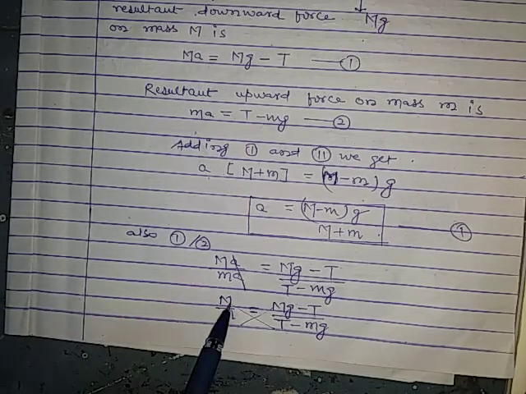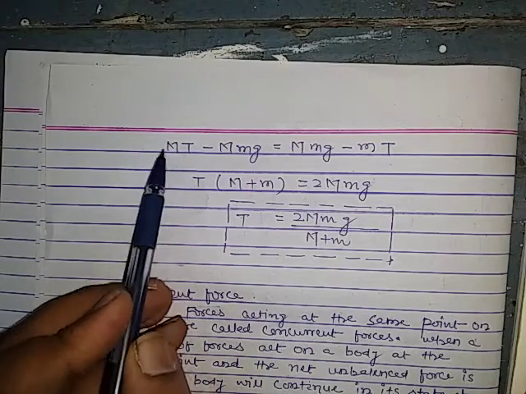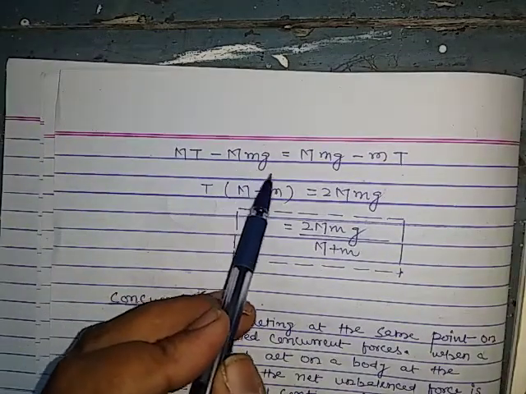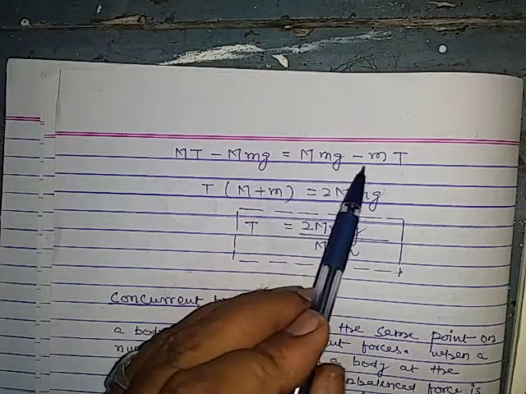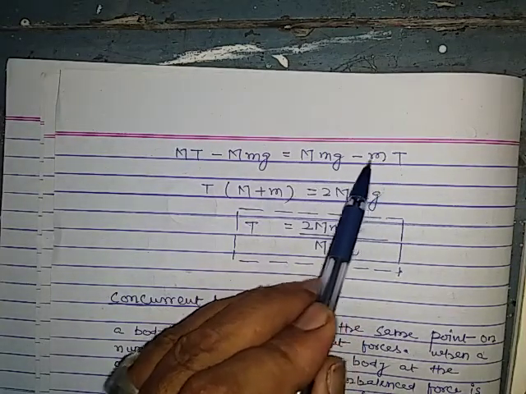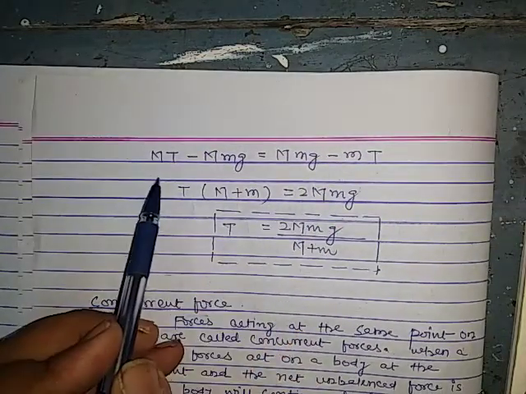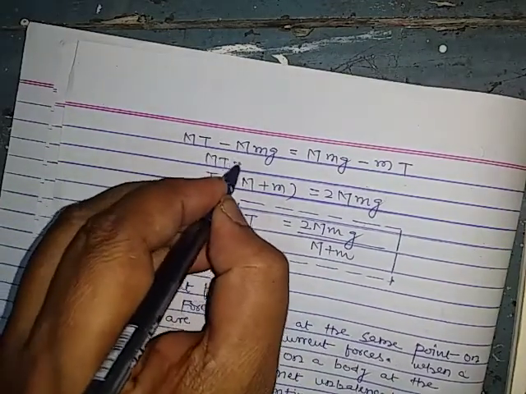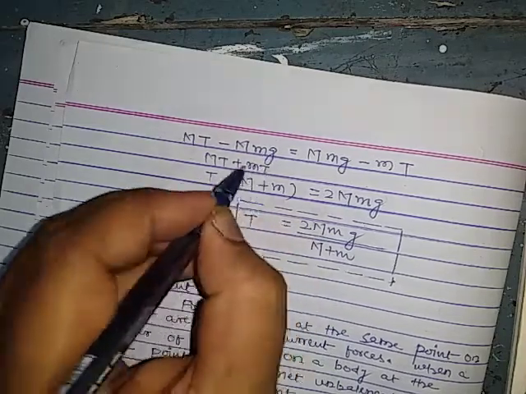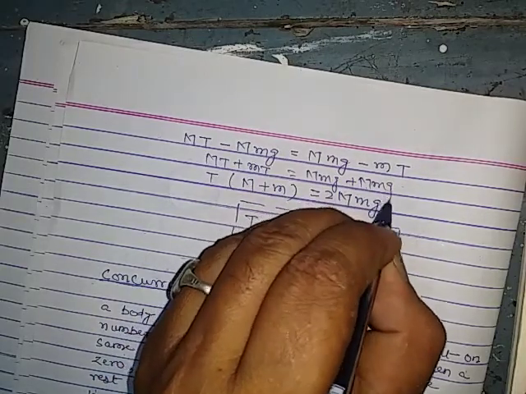Now after cross multiplication we get MT minus Mmg equal to Mmg minus mT. The negative moves to the other side and becomes positive. So MT plus mT is equal to Mmg plus Mmg.